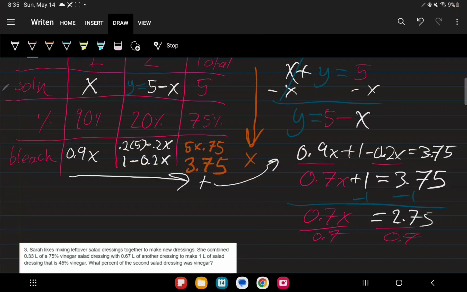I get x is equal to, and we're going to round off, 3.93 liters. Not done yet, so I need 5 minus x. It's 5 minus 3.93, which gets me 1.07.